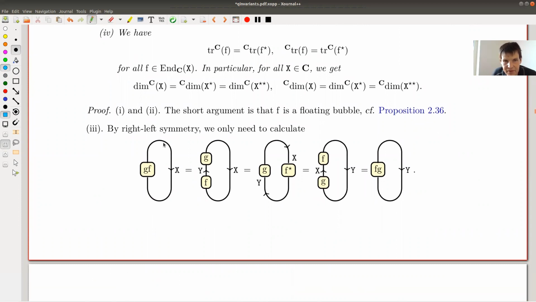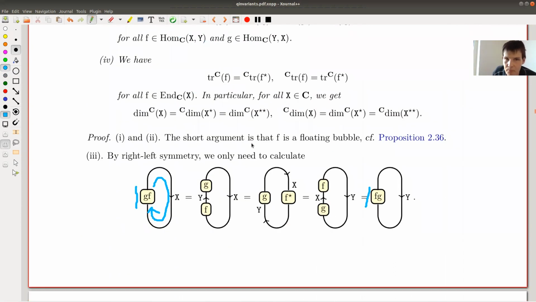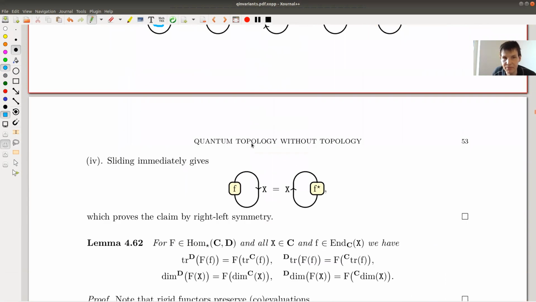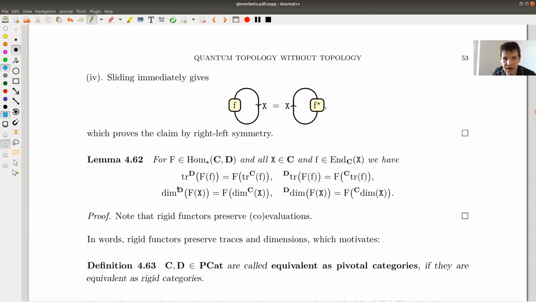You basically pull things around, and you see that it's cyclic. You change the order of F and G by pulling things around. Really nice. Have a look at it in the notes. As usual, I link the notes below. But I'm running out of time, so let me just skip over it. Really, really easy. Proofs are diagrammatic in nature, and you could play a little bit more with it.